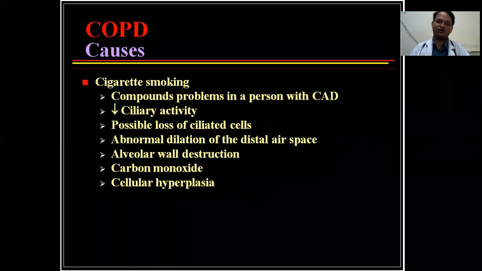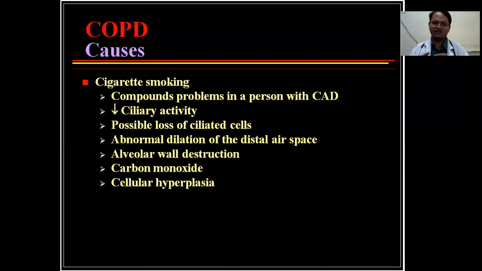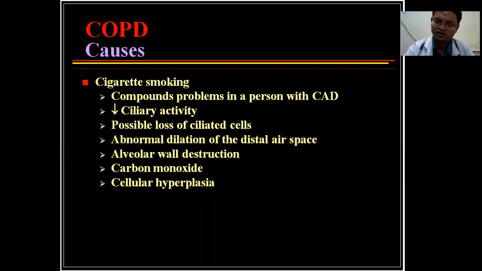Cigarette smoking also compounds the problems in a person who also has coronary artery disease, and there will be decrease in the ciliary activity. There is a possible loss of ciliated cells. Destruction will be present, and the distal air space will be abnormally dilated. Carbon monoxide accumulation happens, and there will be cellular hyperplasia.